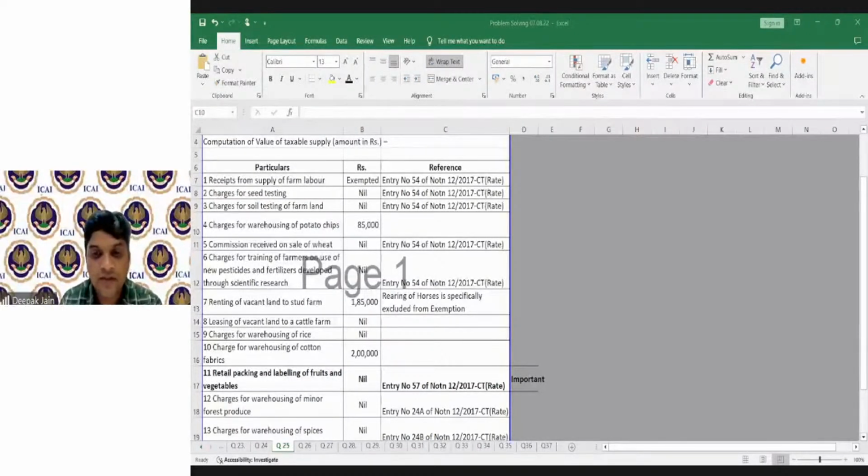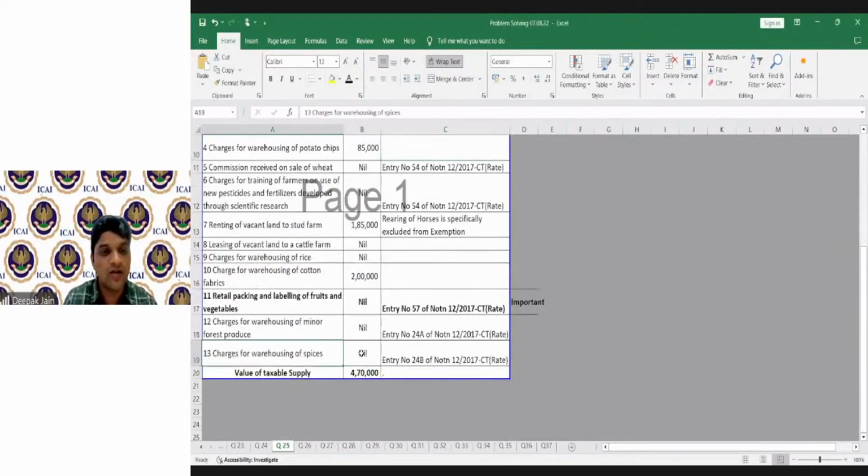There is no specific mention of warehousing of spices, and spices is specifically mentioned as not agriculture produce. So you are right. There is a correction here that warehousing of spices is taxable.